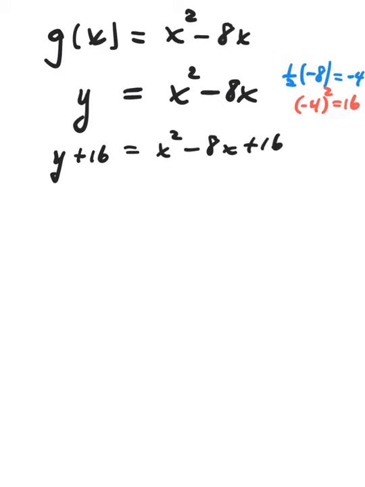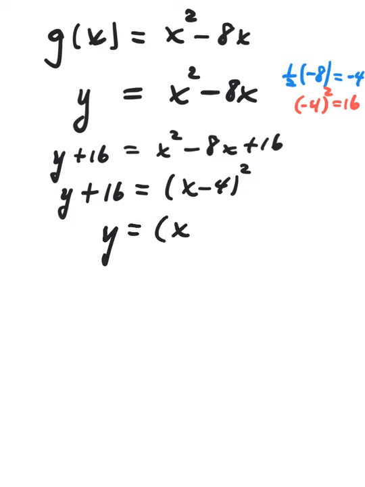The first answer, the one in blue, you got a negative 4. Negative 4 is what you can use to factor the right side of your equation twice. Negative 4 minus 4 is negative 8. Negative 4 times negative 4 is positive 16. And then you re-isolate your y variable.